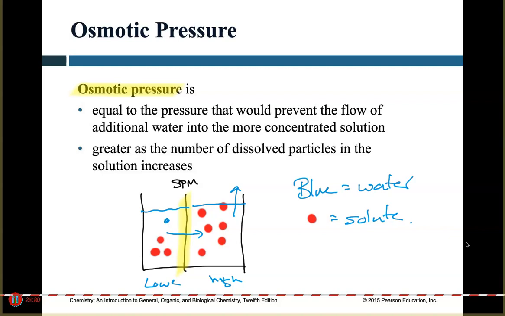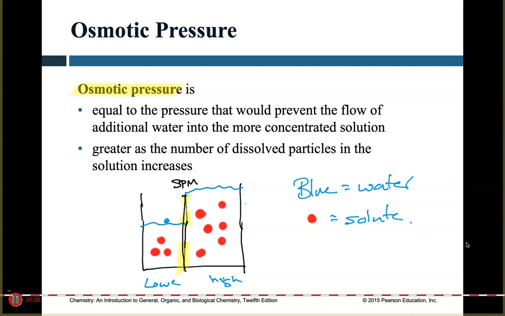If I erase some of these lines, what we'll see is the water level will drop on one side and increase on the other side, because what it's trying to do is decrease the concentration on the high side and increase the concentration on the low side. Eventually they'll reach the same concentration.